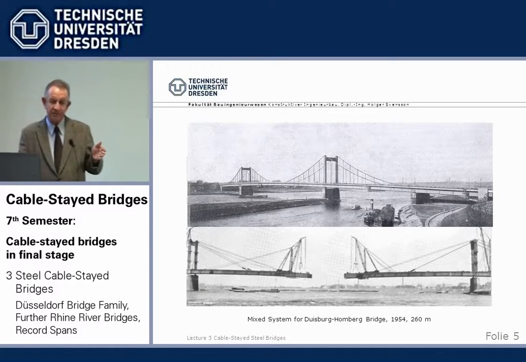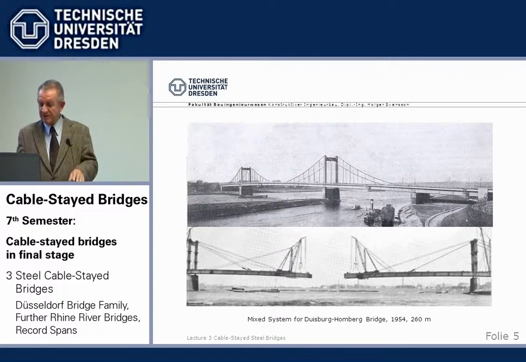Now, we had the publication from Dischinger in the late 40s stating use of stay cables for suspension bridges with good outline of the characteristics of these stay cables.